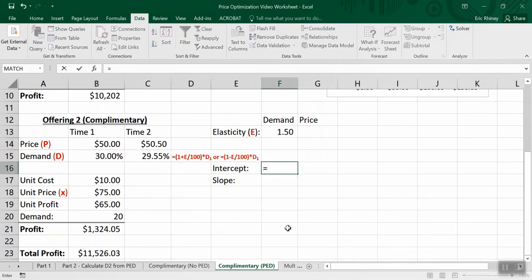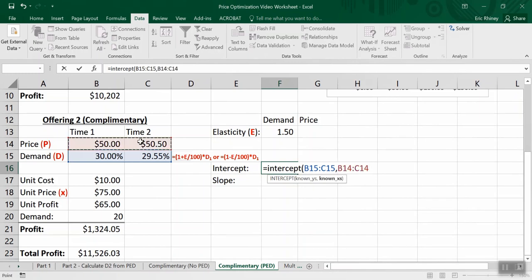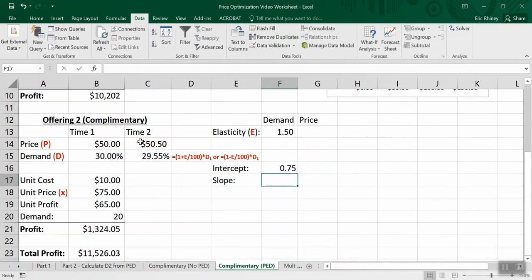We can actually just use our formula, intercept, and we know that our Y is our demand. In this case, it's percent. It's not actual number, but a percent of a demand. It's percent of the first offering. And then we're going to hit comma and then put in our price points for time 1 and time 2.